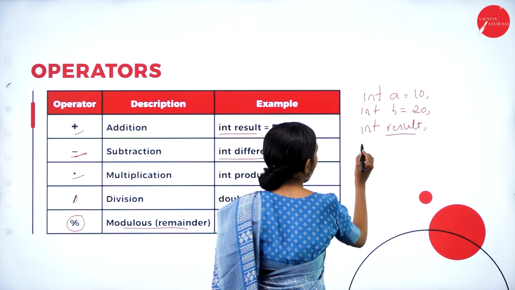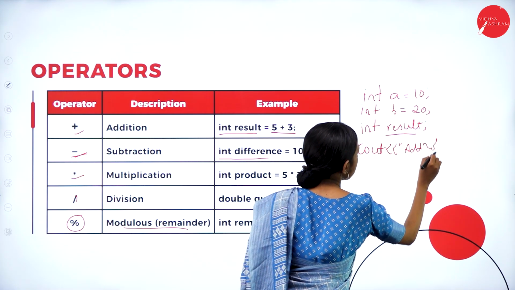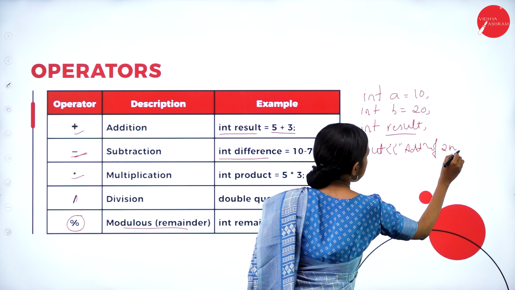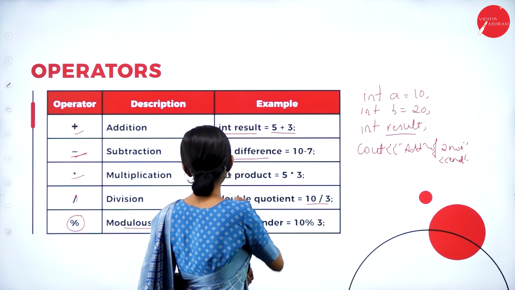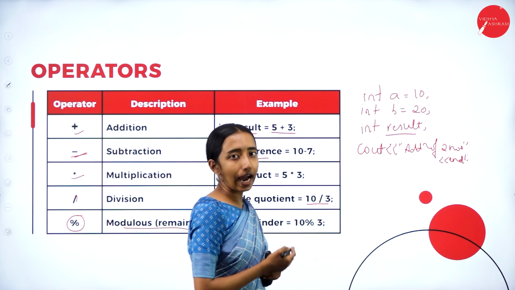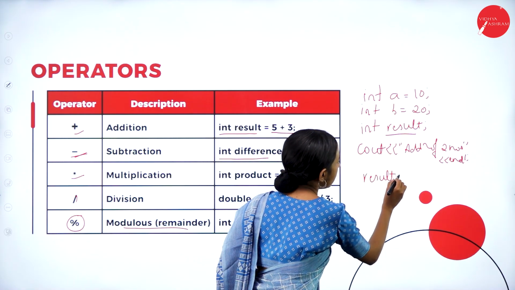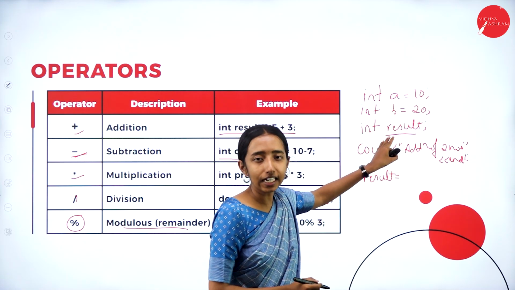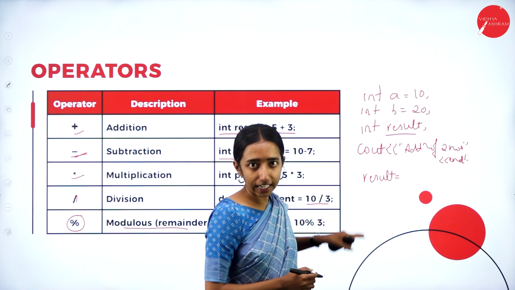So in programming we can write cout addition of two numbers. So for addition, we are having the arithmetic operator called plus. We have already declared result in the integer data type.